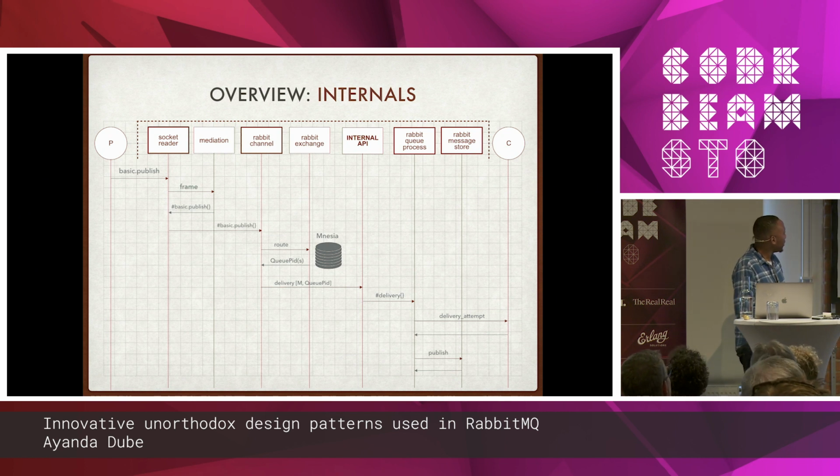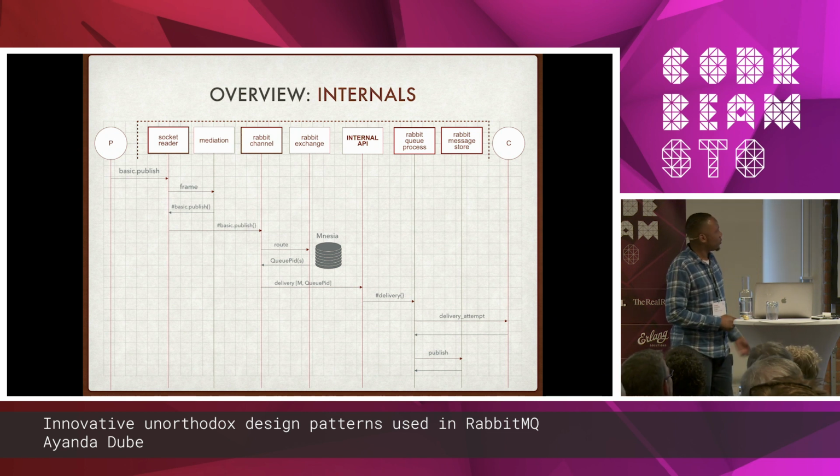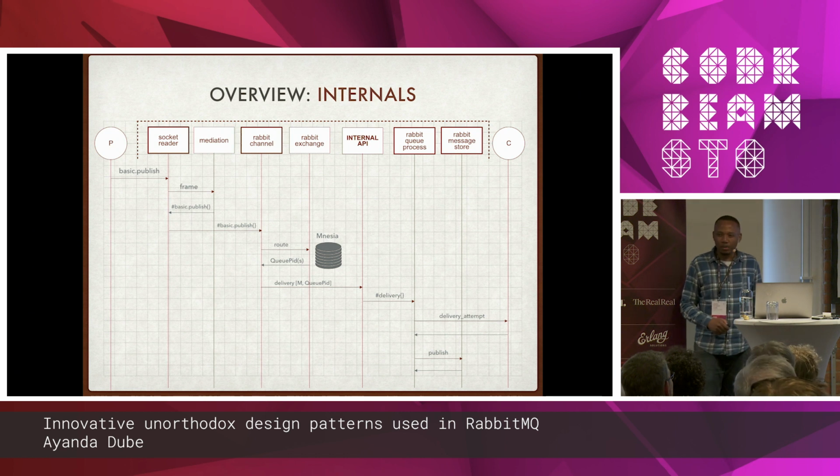So what you have is you've got a publishing application, you've got a socket reader, right? And when you push a message, for example, this is when you're just publishing a message, the reader will obviously get that message, and there'll be mediation, basically converting the frame into an internal Erlang record, and then that is pushed to what is known as a channel, which is basically Erlang processes, which basically multiplex the TCP connection.